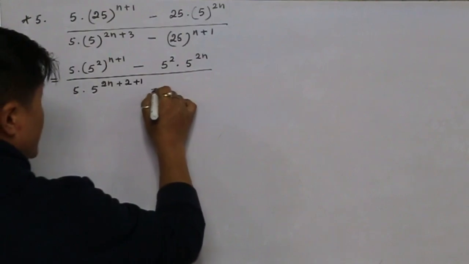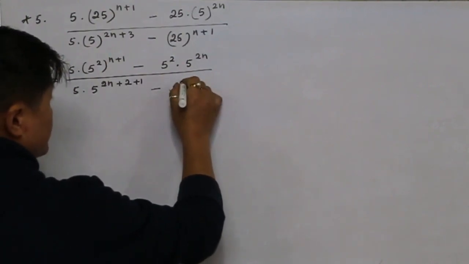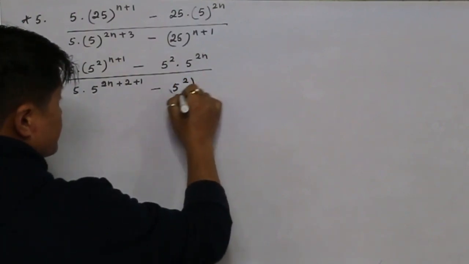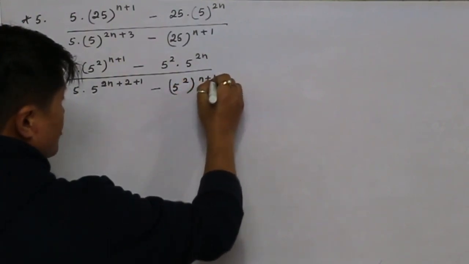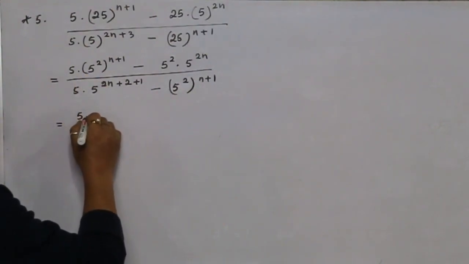Clear? Minus 25 can be written as 5 square to the power n plus 1. Okay, now we will just open the bracket.